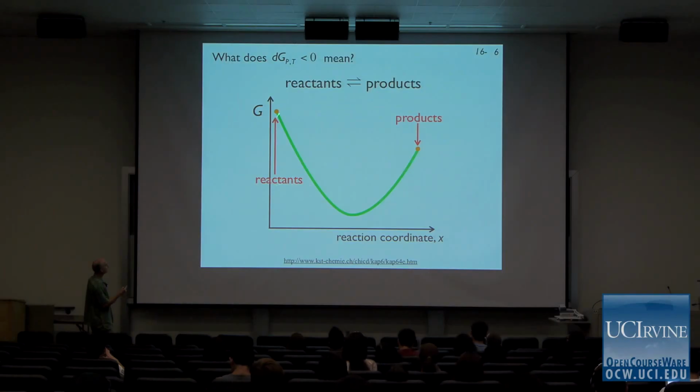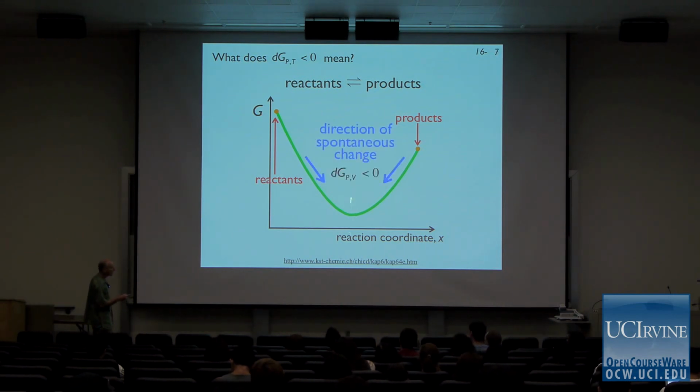So we've got pure reactants on this side, pure products, and in the middle we have a mixture of reactants and products, and there's a preferred mixture, right? A preferred number of products compared to reactants. If you have any other mixture of reactants and products along this green curve, they will spontaneously evolve in the direction of these blue arrows, because the Gibbs energy gets smaller in that direction.